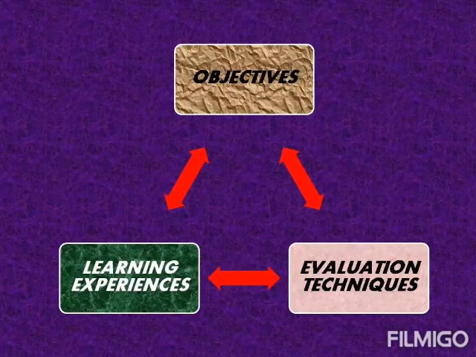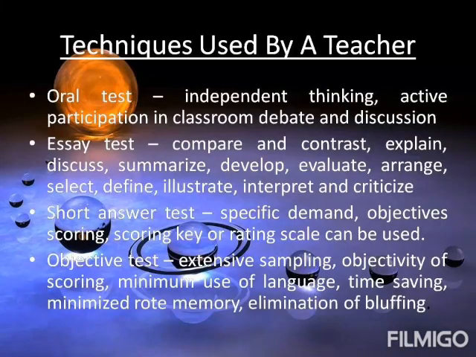According to this specification, the teacher uses various methods, techniques, and devices to achieve desired learning outcomes. The techniques used by a teacher are oral test, essay test, short answer test, and objective test.